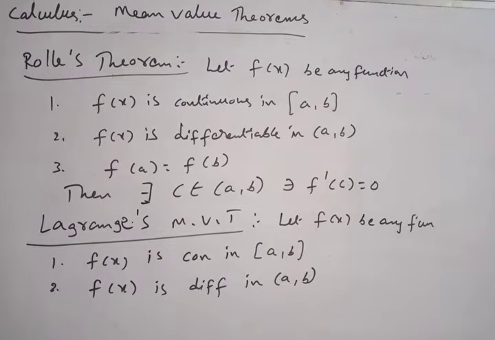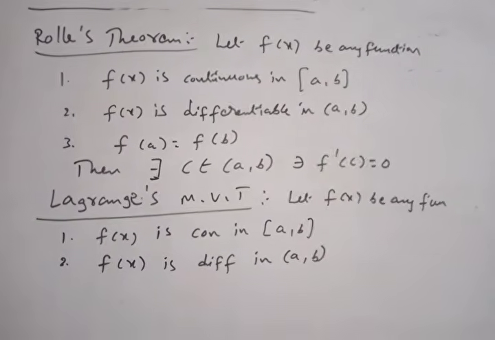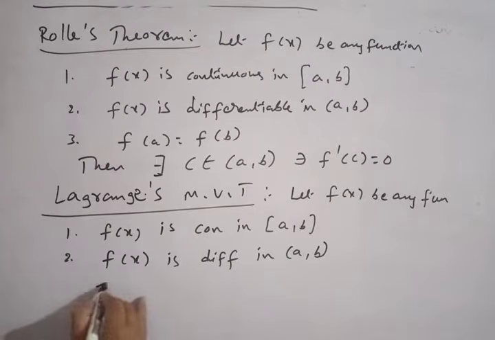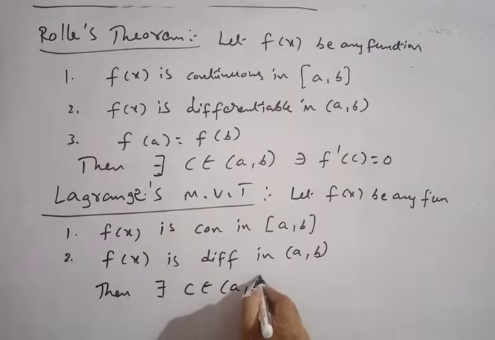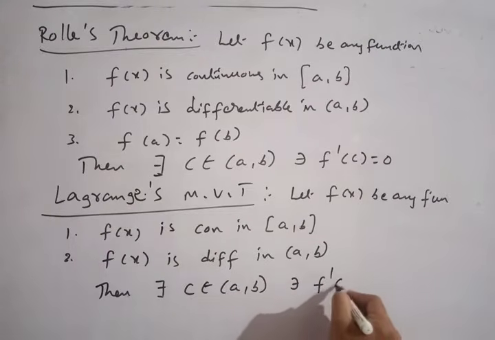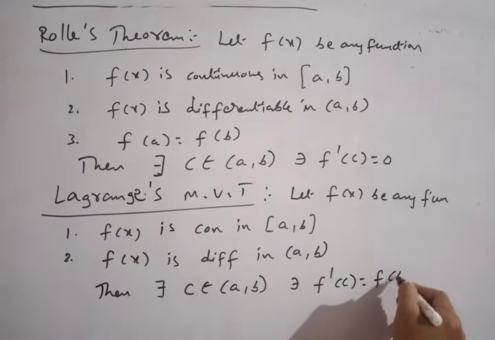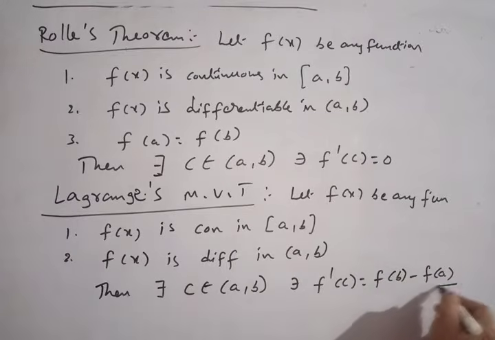There are only 2 conditions here. Then there exists c belongs to a comma b such that f dash of c is equal to f of b minus f of a by b minus a. So this is the definition of Lagrange's mean value theorem.